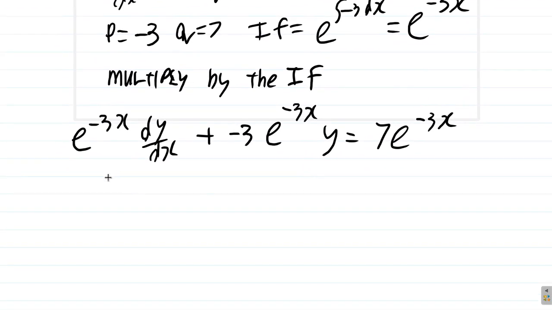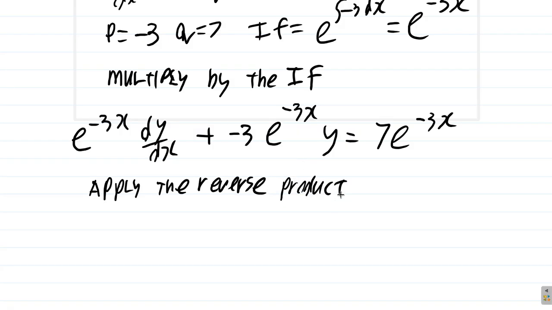The next thing is you look at it and apply the product rule in reverse, or reverse product rule. Remember what the product rule said?